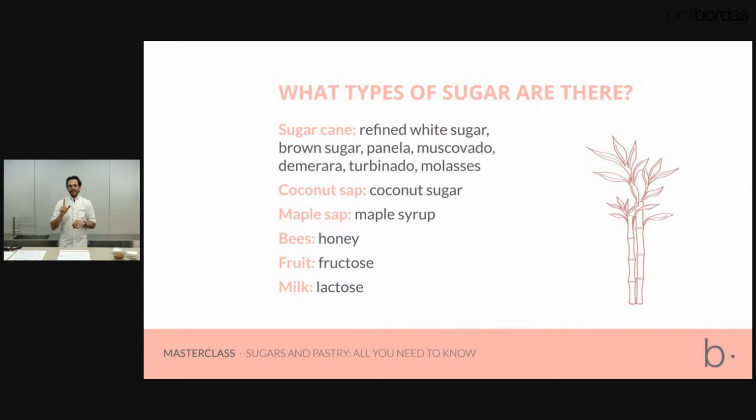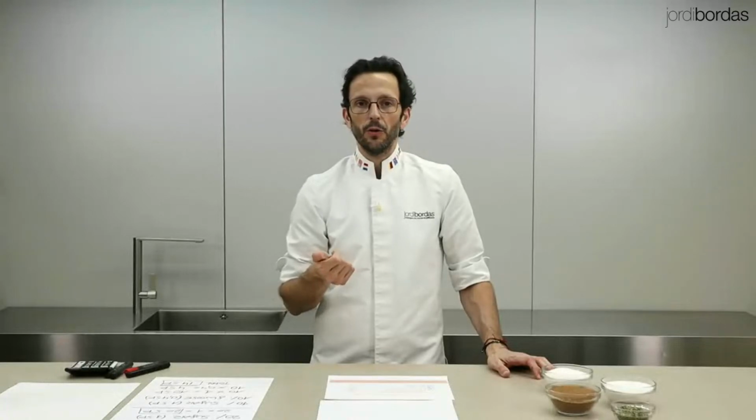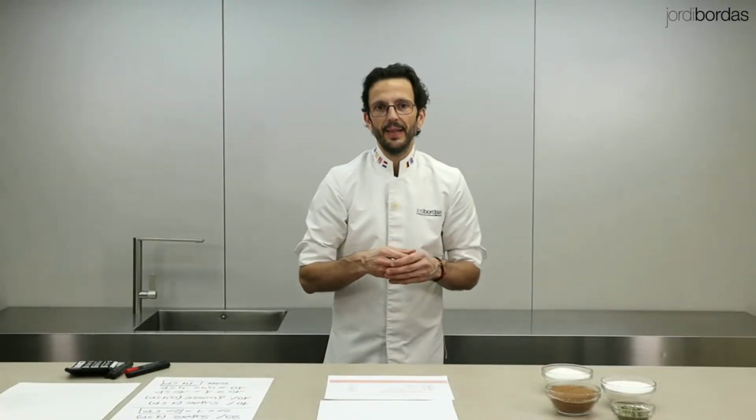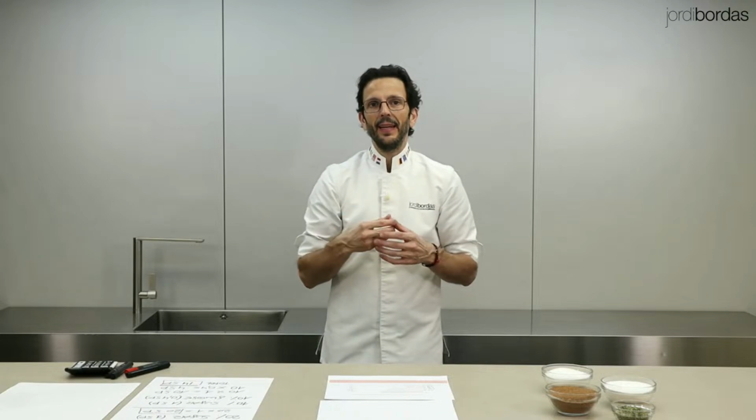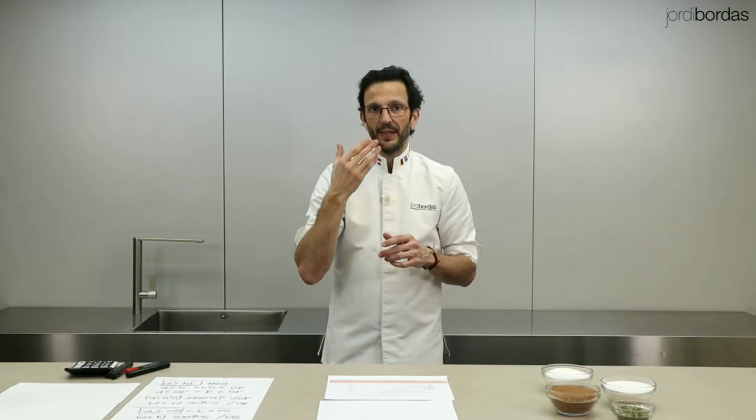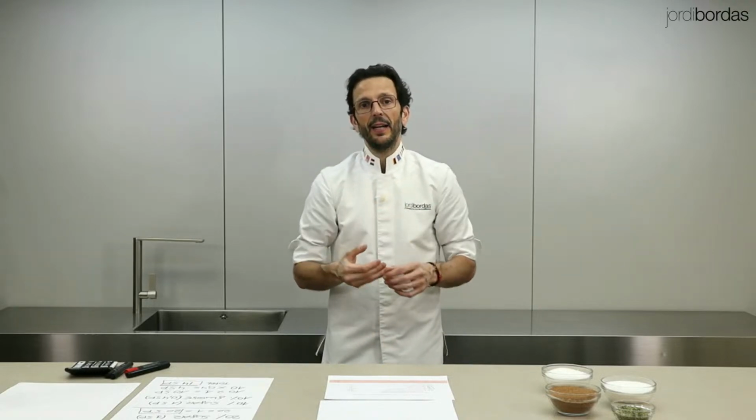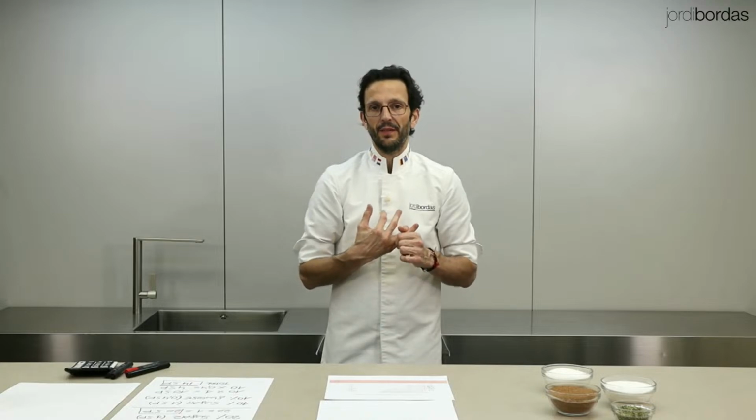The only thing is that all these sugars that are not refined, that are whole sugars, like for example whole cane sugar, that have molasses inside, can give us the aftertaste that the sugar has, and also the vitamins and minerals that we have inside of them.